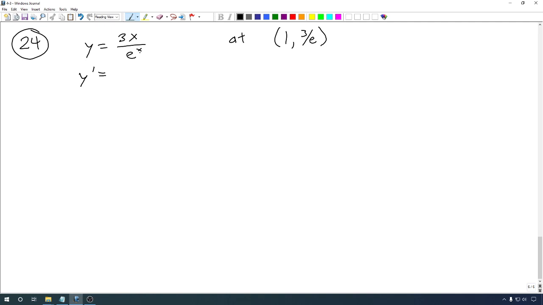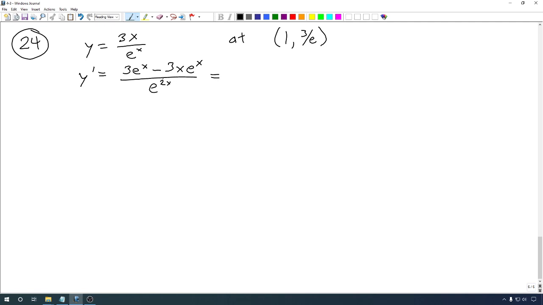I'm going to just use the quotient rule. So I take the derivative of the top, which is a 3, times the bottom, that's e to the x, minus the top, 3x, times the derivative of the bottom, well, that's still just e to the x. And then the bottom squared, we just end up multiplying the x by 2.